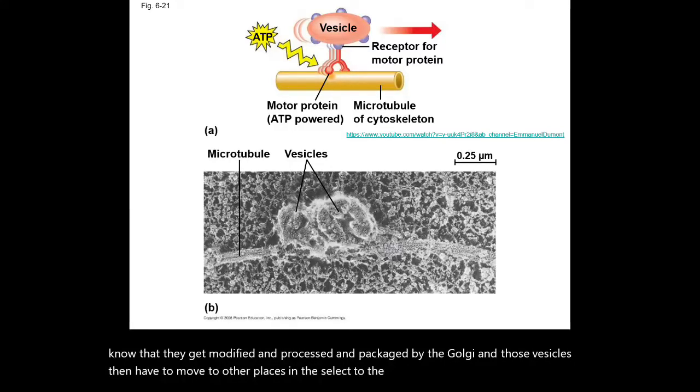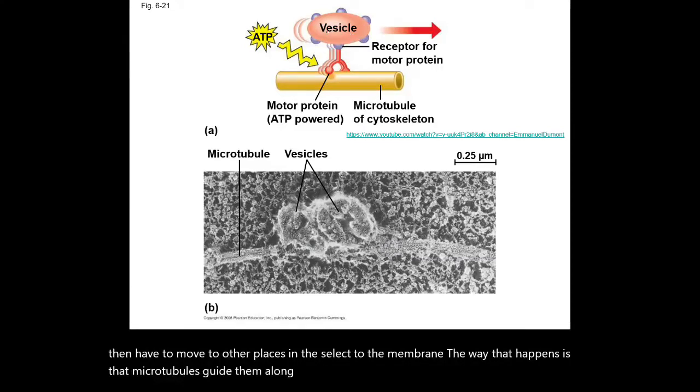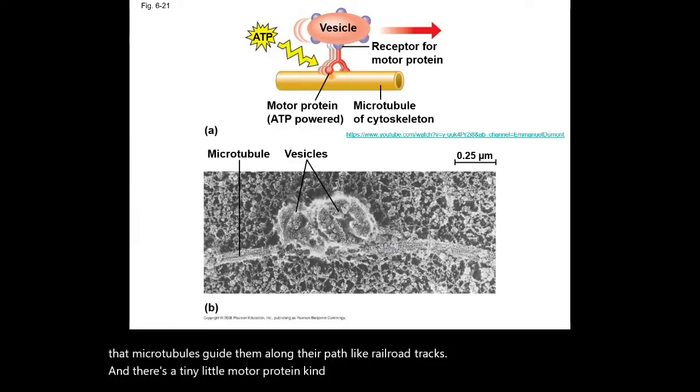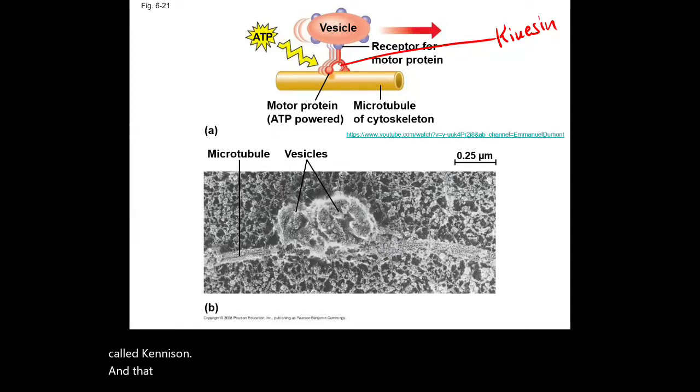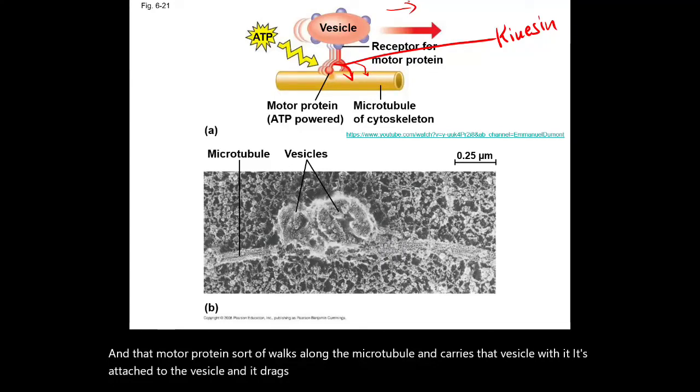The way that happens is that microtubules guide them along their path like railroad tracks, and there's a tiny little motor protein, kind of similar to the dynein. This motor protein is called kinesin, and that motor protein sort of walks along the microtubule and carries that vesicle with it. It's attached to the vesicle and it drags the vesicle in this direction. Each step of the motor protein costs 1 ATP.